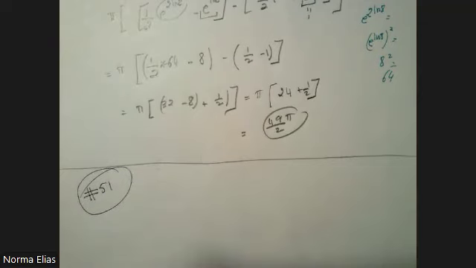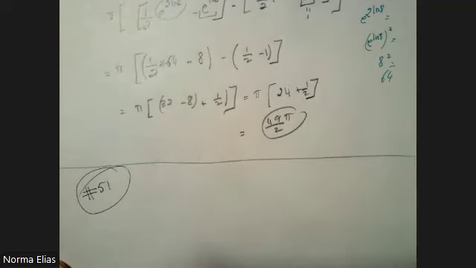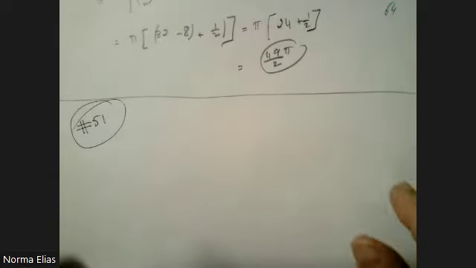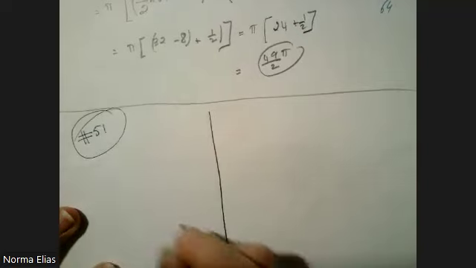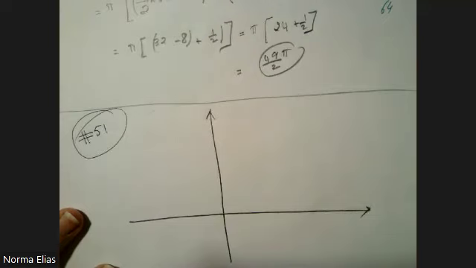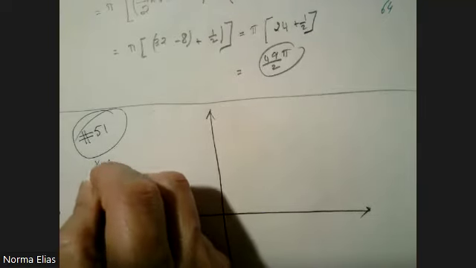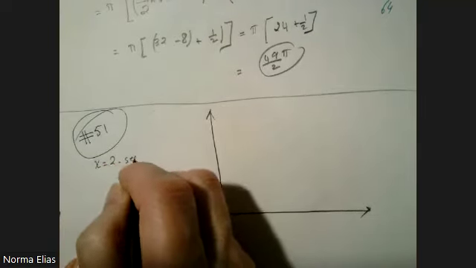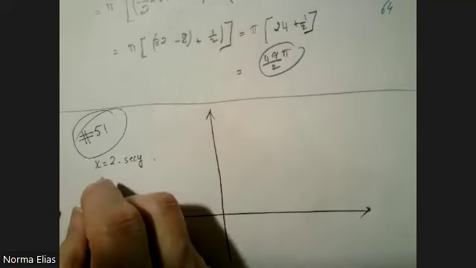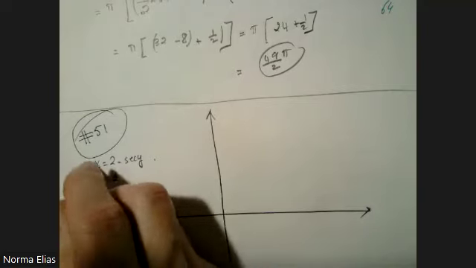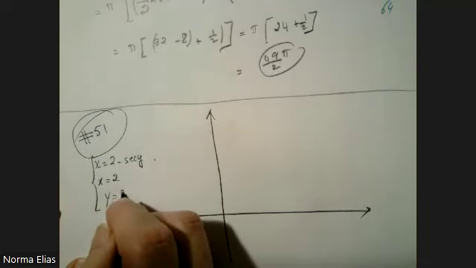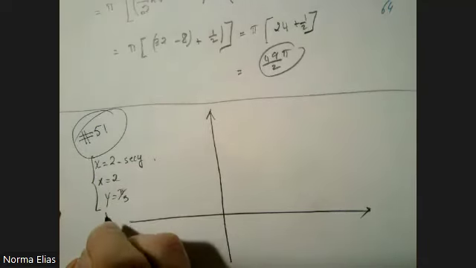Number 51. They gave us the following graph, and they gave us the graph this time, because it's hard for us to do that. So one graph is x equal to minus secant y, and x equal to 2, y equal pi over 3, and y equal to 0.